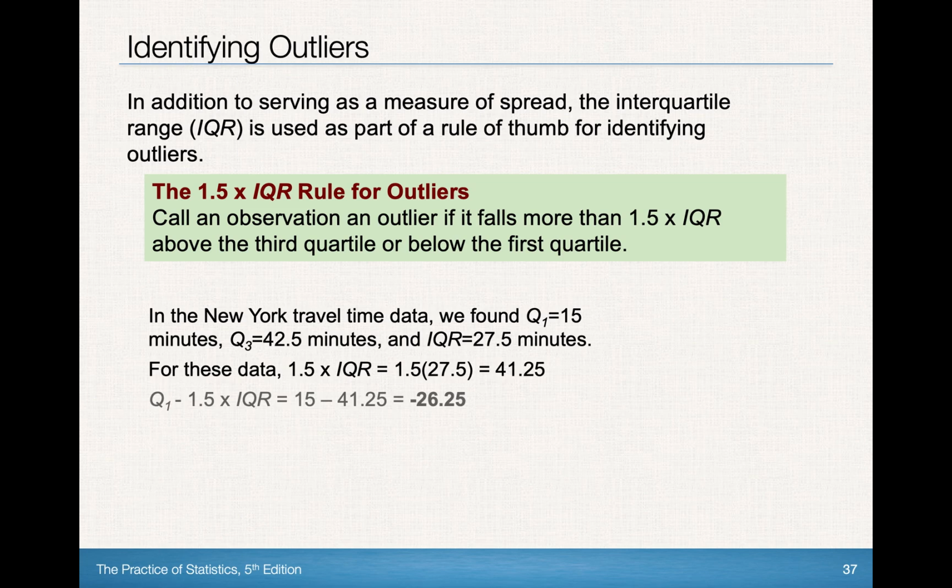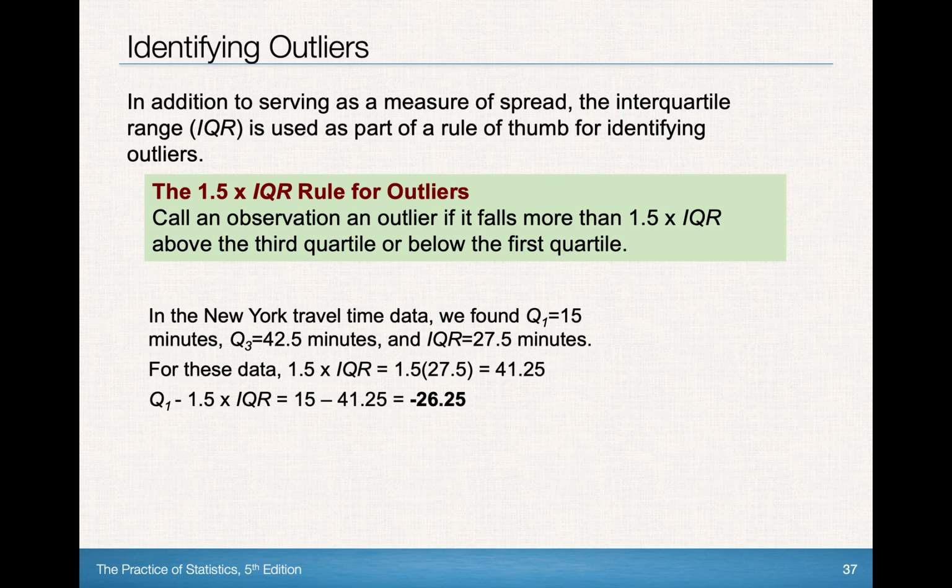We take that value and we add it to Q3 and subtract it from Q1. Anything more extreme than Q3 plus 1.5 times the IQR, or Q1 minus 1.5 times IQR, anything more extreme than that is considered an outlier.